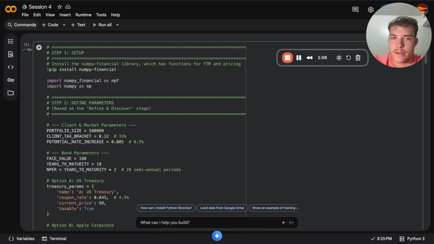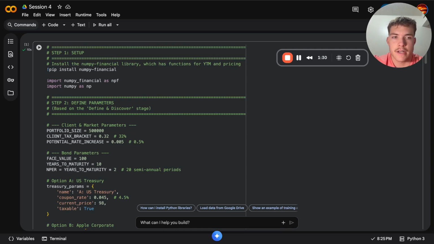So let's look at the script. It's a straightforward, linear script, designed for a clear and repeatable analysis. Section one, as always, is our setup, importing the things that we need to run and fetch data.